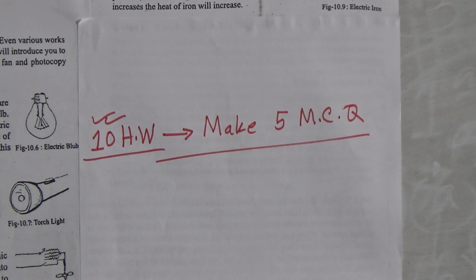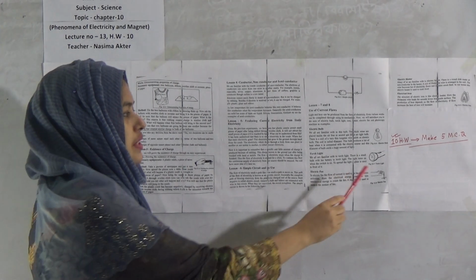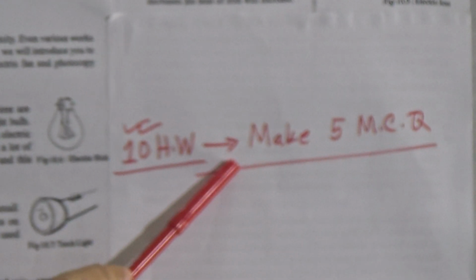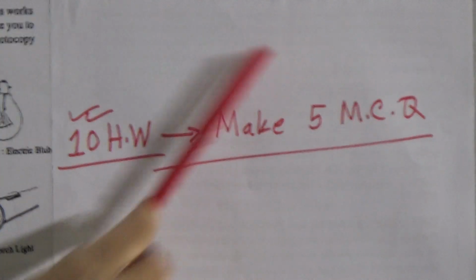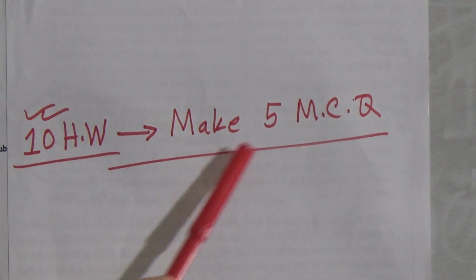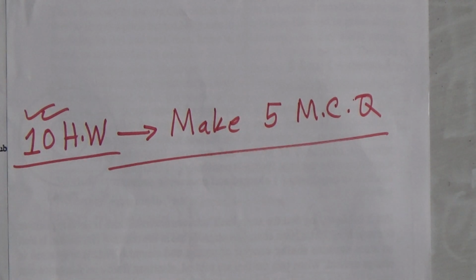At first read this topic properly and then make 5 MCQ questions with 4 options and answers. I am repeating, your SW is number 10 SW, make 5 MCQs based on this topic.